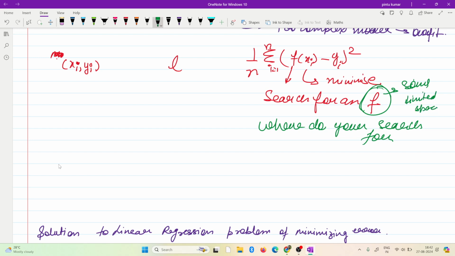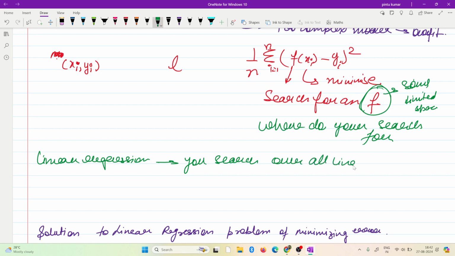For example, when you do linear regression, you search over all linear functions. When you, let's say, include a term like x1 square through features, then you search over, let's say, all quadratic functions.